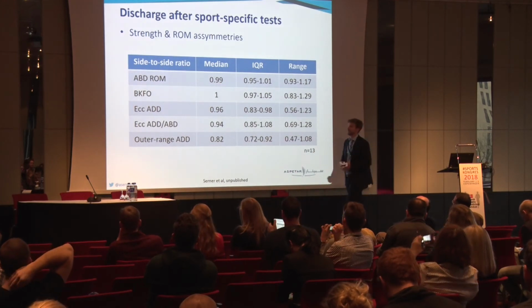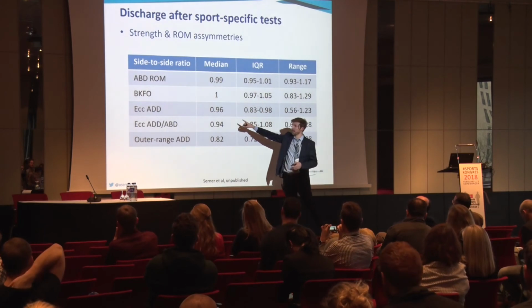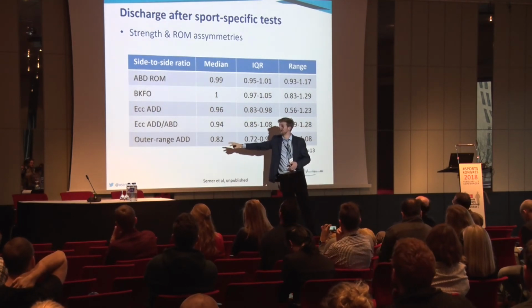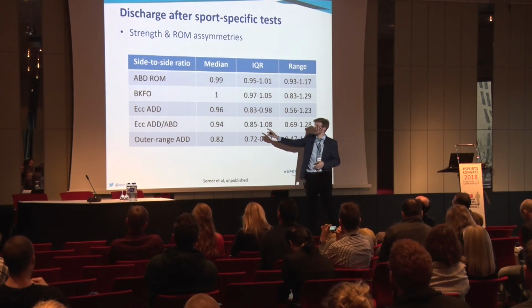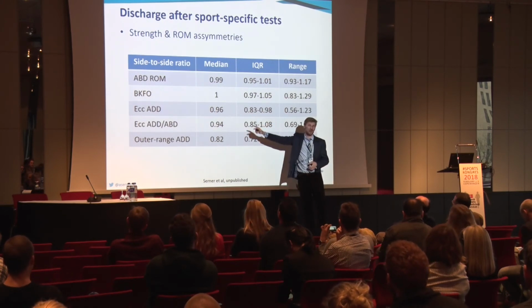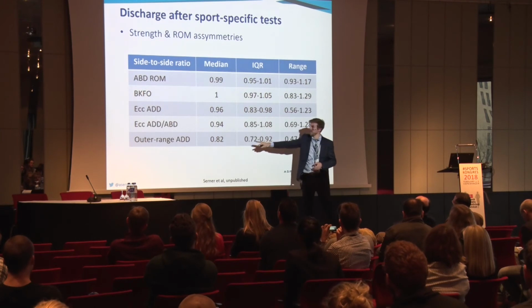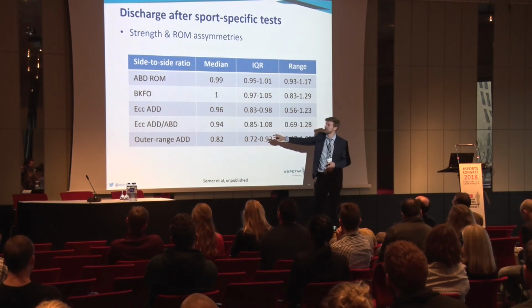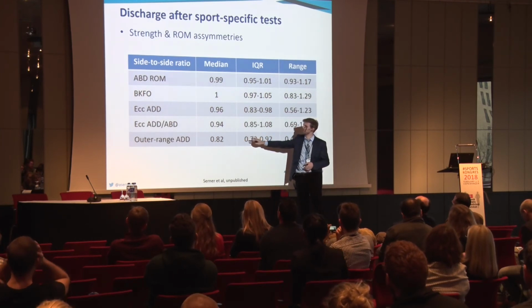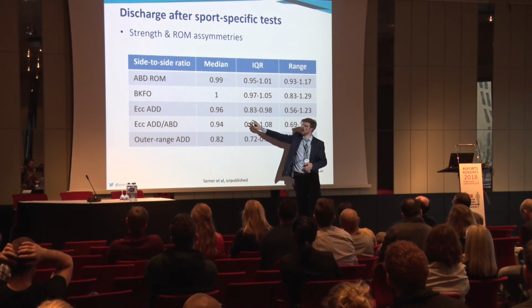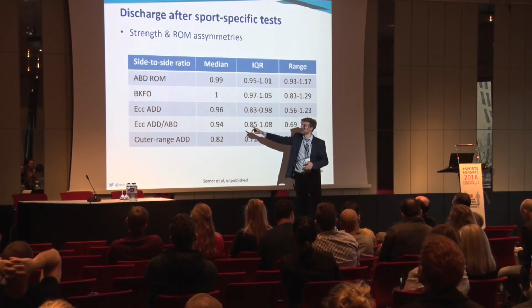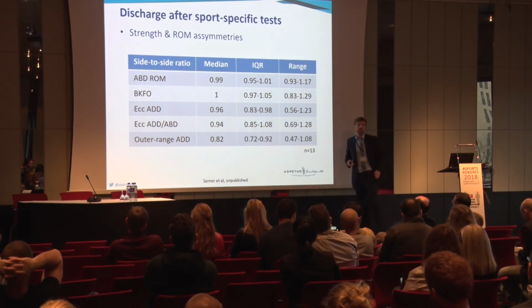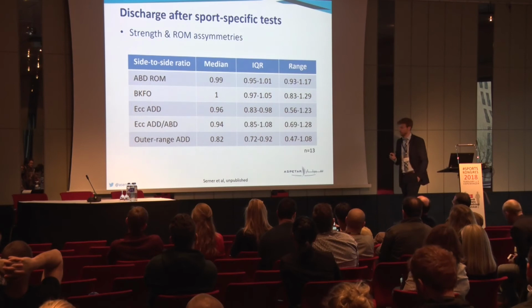We have our eccentric adduction test, a side-lying version and a supine version where we get out of range, and we have a ratio here. You can see it's just around 1, a little bit below, but when we get out of range, almost a 20% difference, with the injured leg being a little bit weaker still. But even here, at the median around 2-3 months, they're almost back to normal strength and in full function.